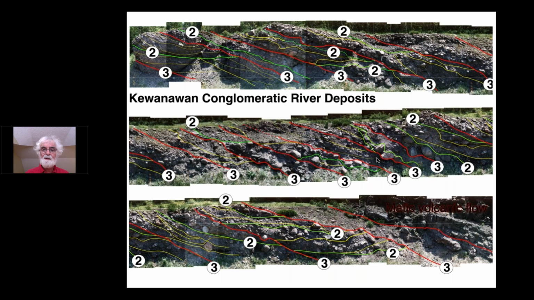When we look at the architecture, we can see a variety of forms that probably indicate some channeling, some lateral accretion going on, but in several directions. So these are just basically stacks of small braided channels. So it fits fairly well with some of the coarser grained braided stream models from the Phanerozoic.